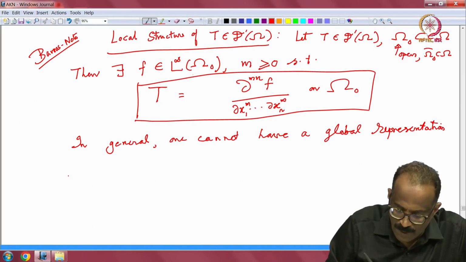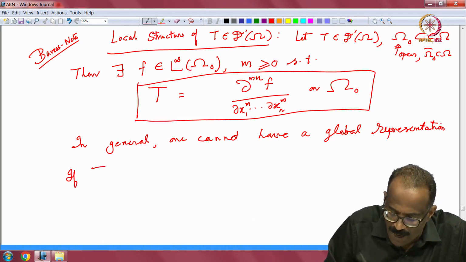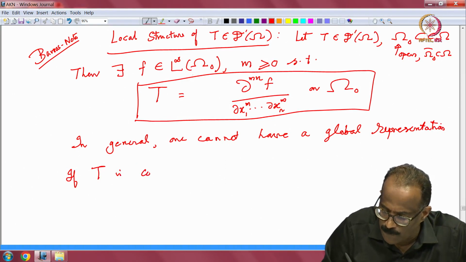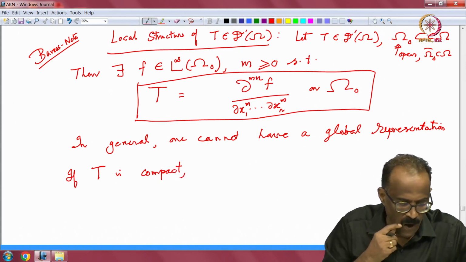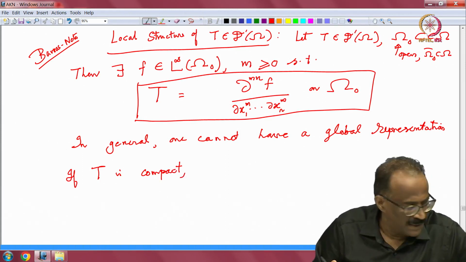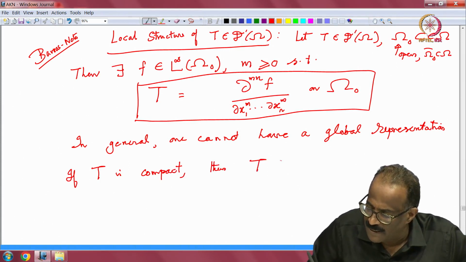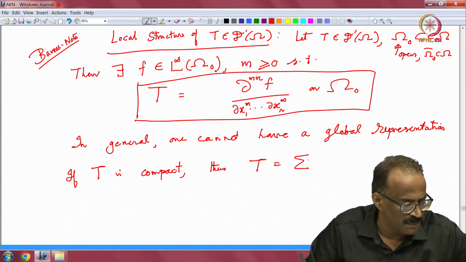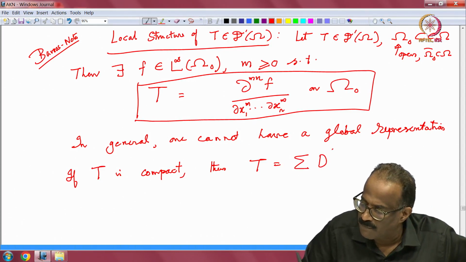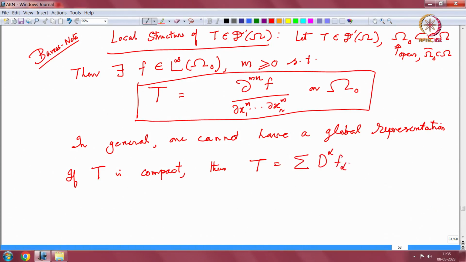But if T is compact, then T can be written globally as some summation of D power alpha f alpha, for some m, of various functions.